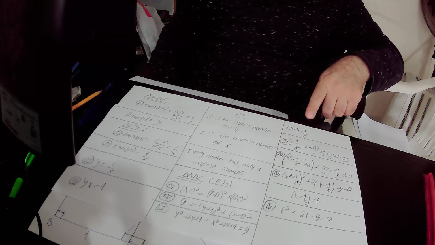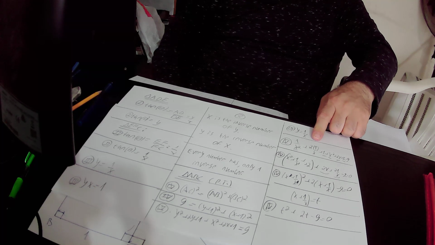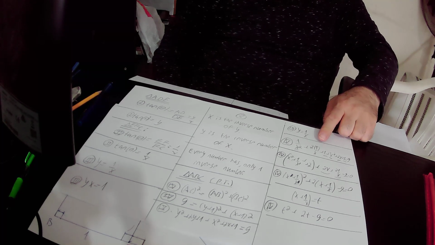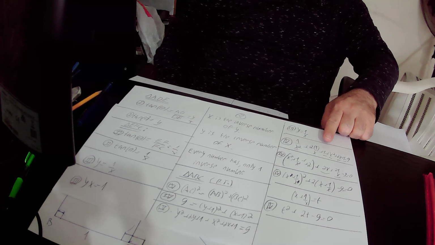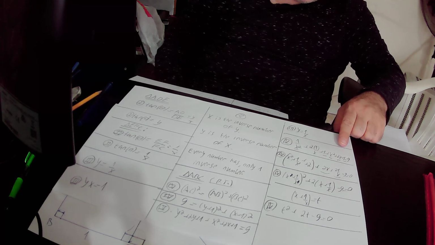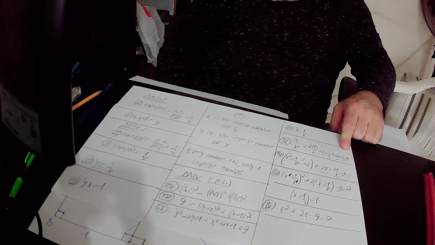We did it, and we got that y squared is 1 over x squared, and 2y is 2 times 1 over x, plus 1, plus x squared plus 2x plus 1 equals 9.